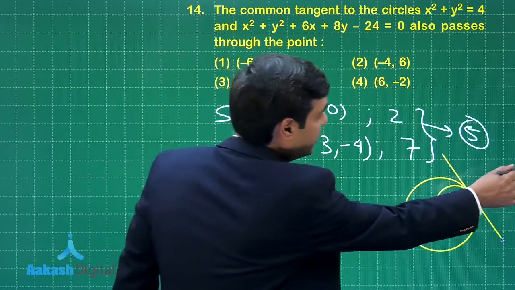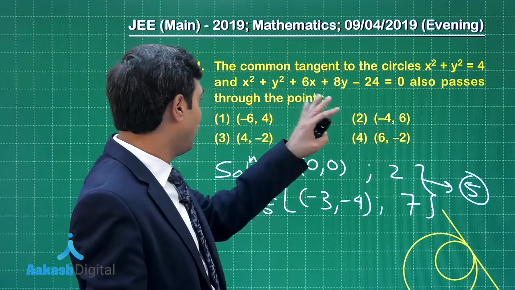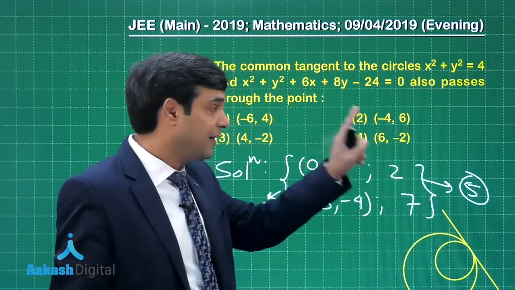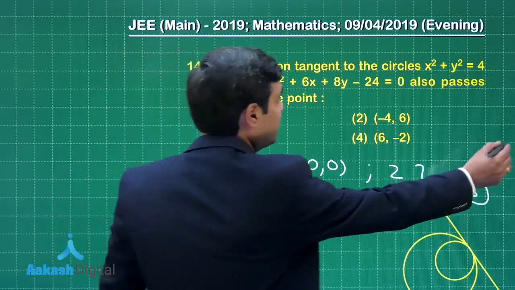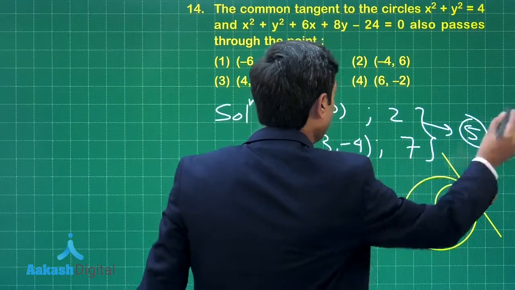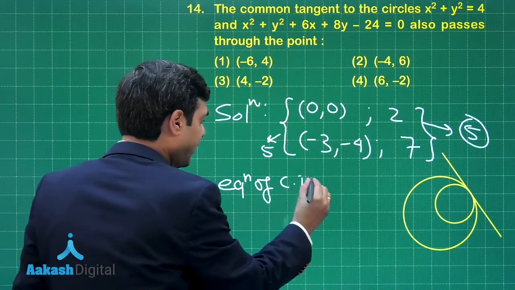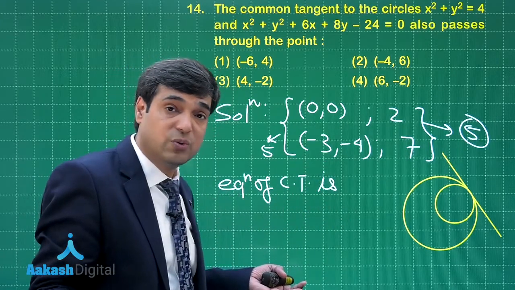Now let's see what the question is talking about. The common tangent to the circles also passes through the point. First you need the common tangent and then you need to check which of the 4 options is satisfying it. So let's go for it. Equation of common tangent, how can we find it? Simply S1 minus S2 equals 0.